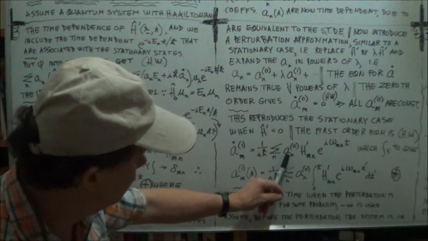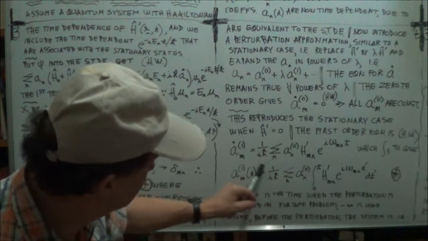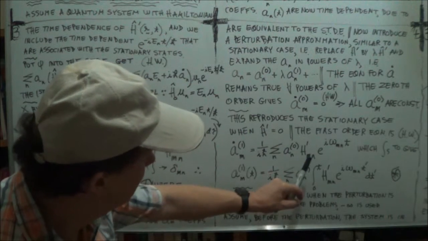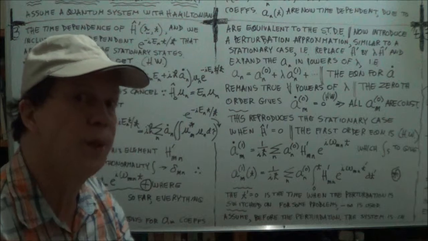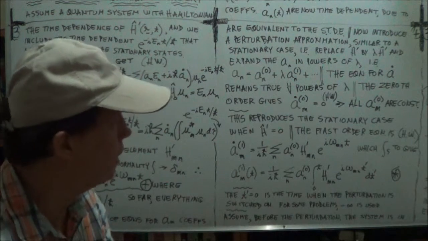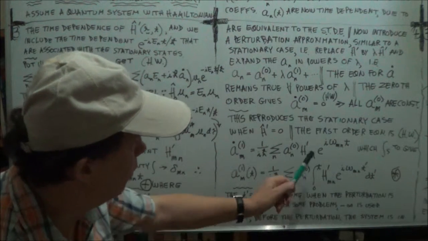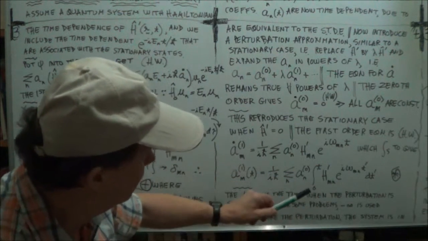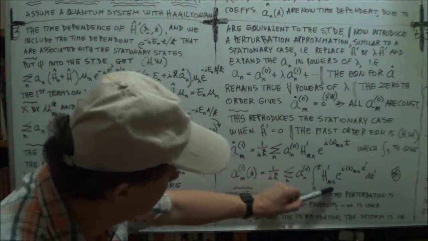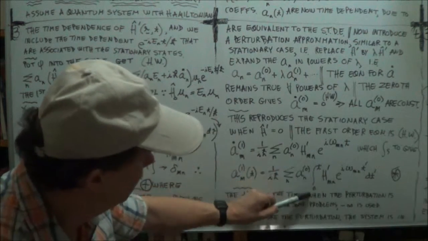The a naught does not depend on time, so all this comes outside the integral. Now h dashed does depend on time, so we're going to have to integrate this over time. This also depends on time, so you get this.